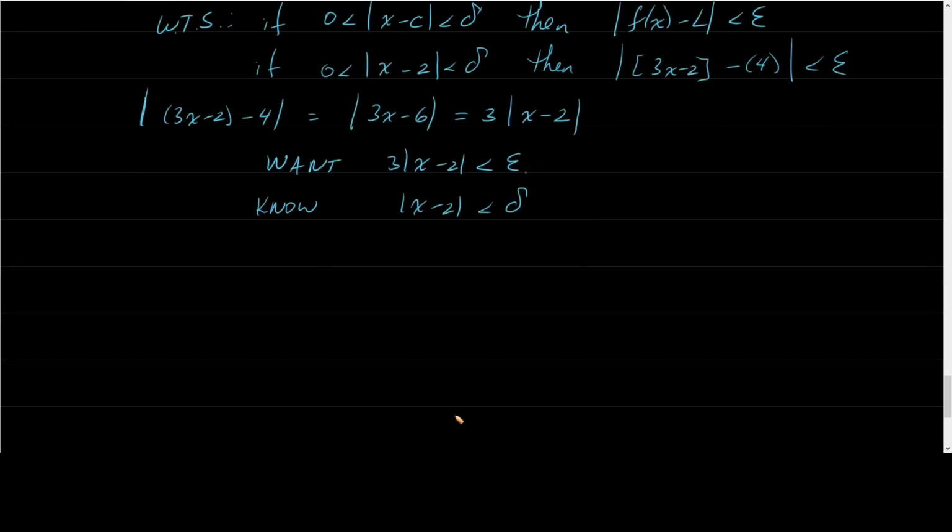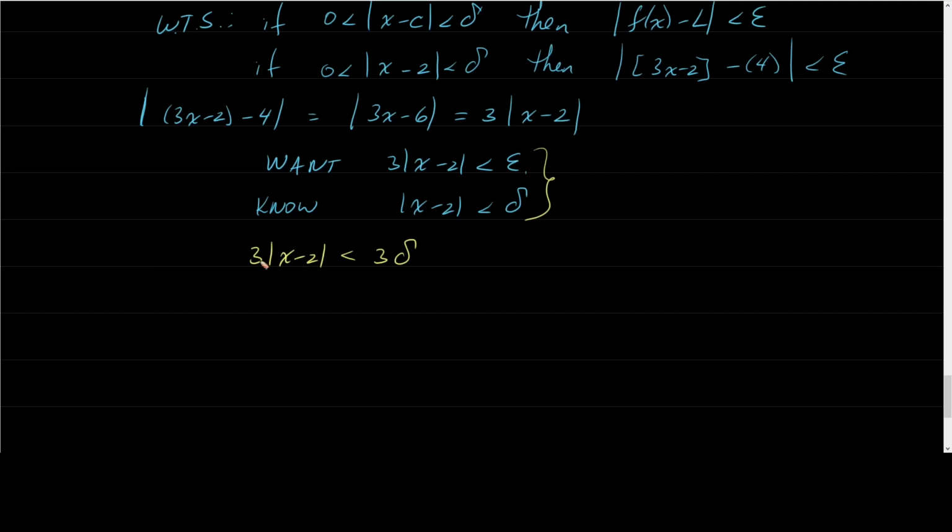So we can use the bottom line to show that the top statement is true. Maybe I'll do that on the next line. 3 times the absolute value of x minus 2 would be less than 3 times delta, because the absolute value of x minus 2 is less than delta, so 3 times that value would be less than 3 times delta.